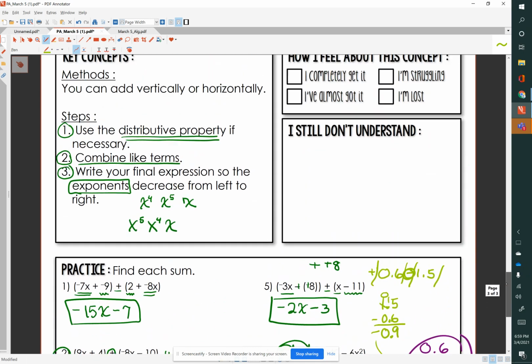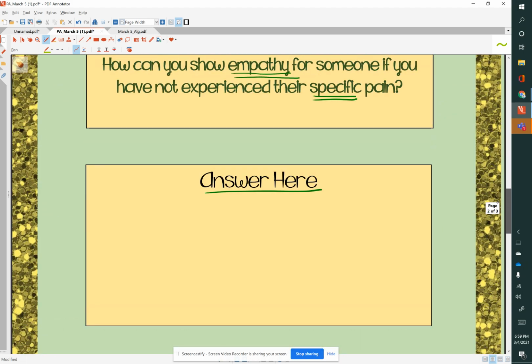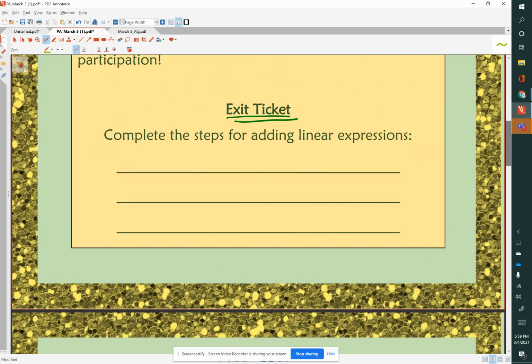And let's get back to our exit ticket. Complete the steps for adding linear expressions. So let's complete those steps now. So first we use the distributive property.